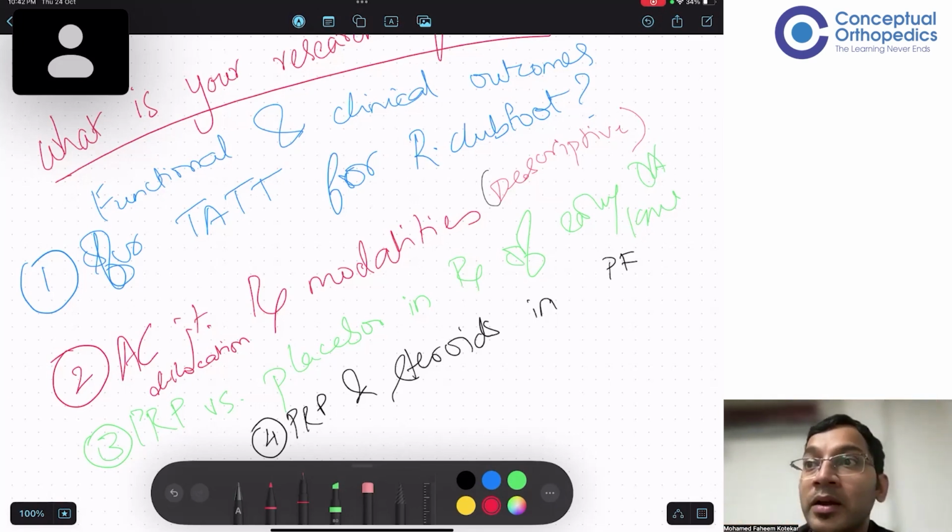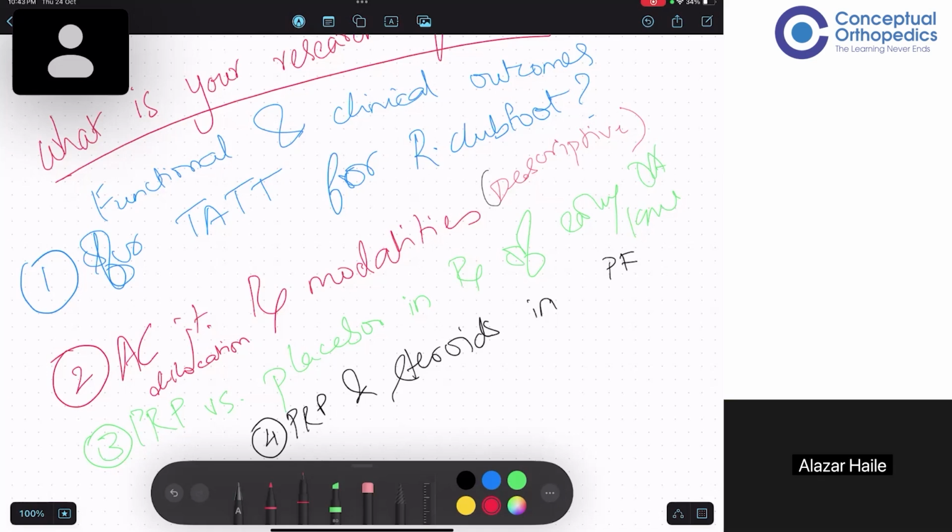You're not seeing how they are going to change the treatment, but you are just following up a single population, that is children with recurrent clubfoot who were treated with tibialis anterior tendon transfer, and after a particular time point you are going to do a functional outcome and a clinical outcome. Both are going to be more or less the same. So you're not going to compare it with a different group.